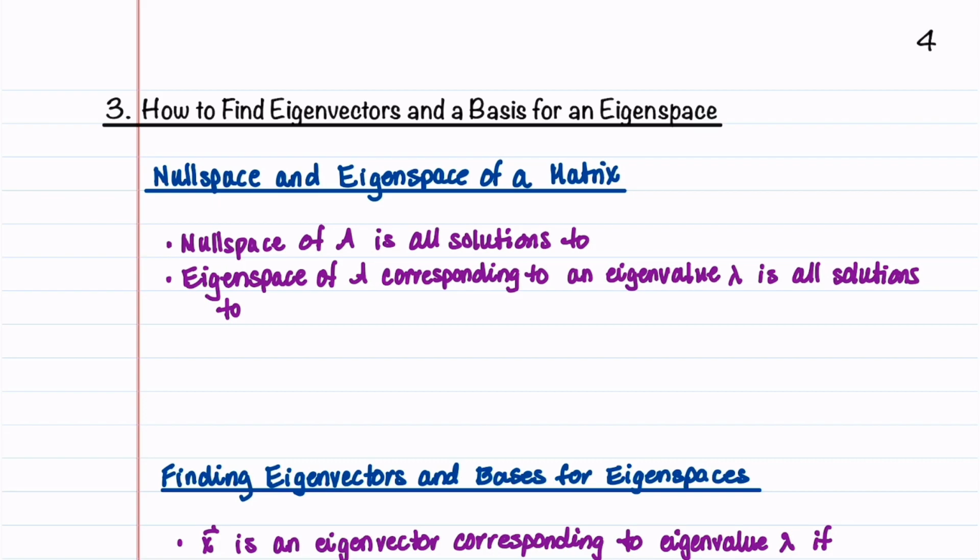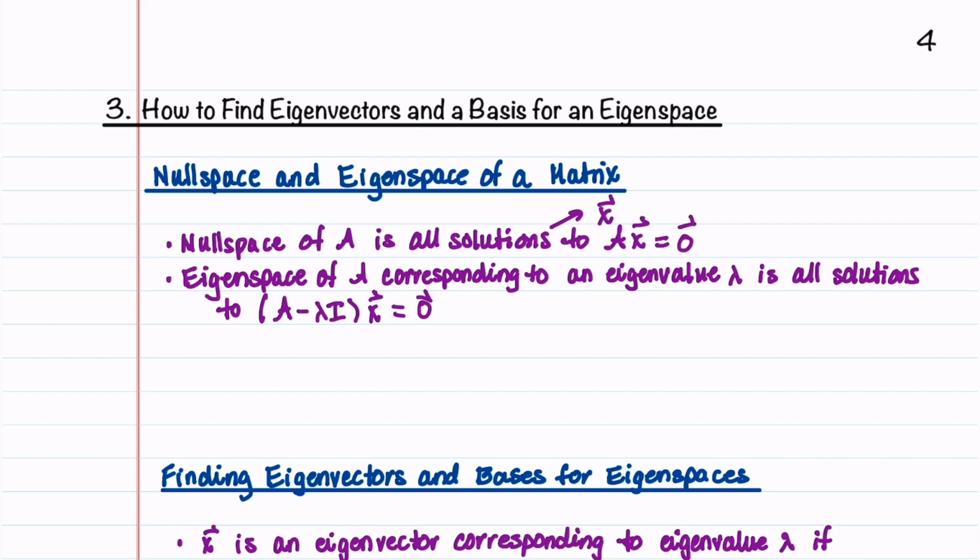The null space of a matrix A is all solutions x to Ax is equal to 0. The eigenspace of a matrix A corresponding to an eigenvalue lambda is all solutions to, instead of A, we're going to have A minus lambda I times x is equal to 0.